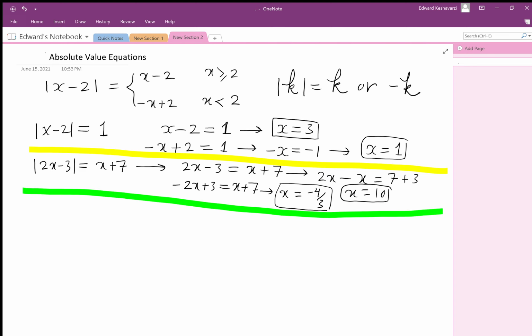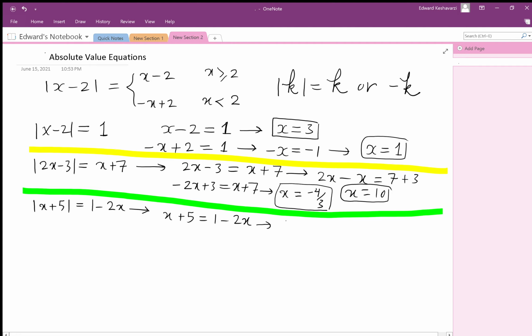The third equation is more interesting because it has more to it. Look, the absolute value of x plus 5 equals 1 minus 2x. The first case implies that x plus 5 equals 1 minus 2x.